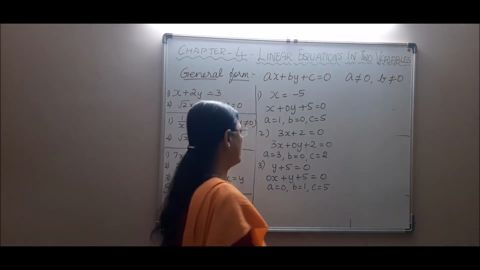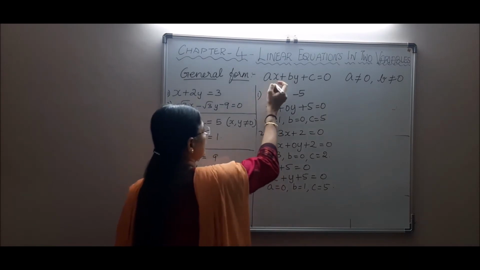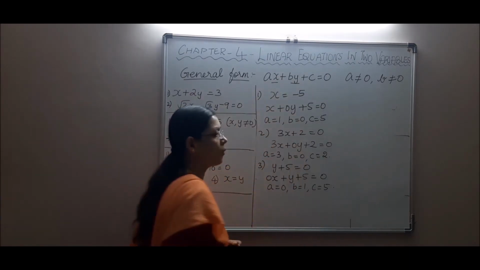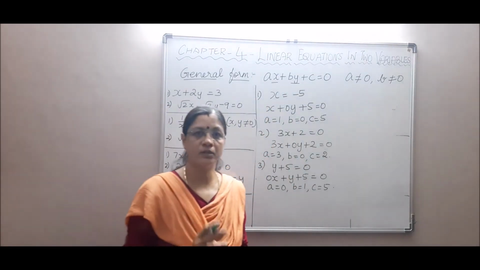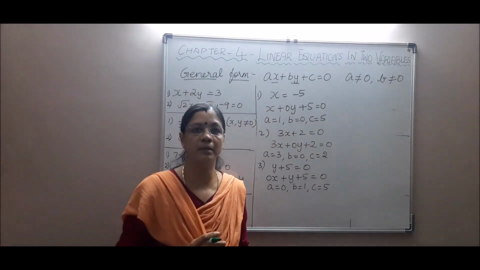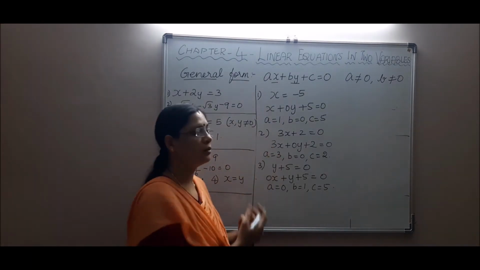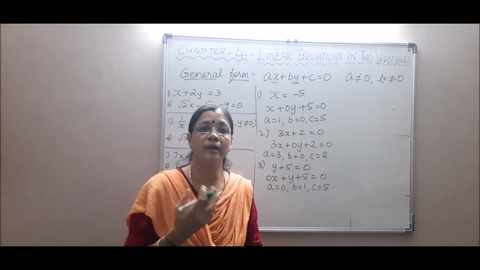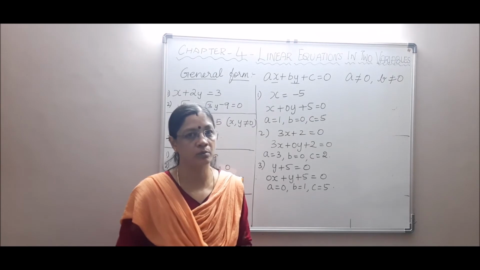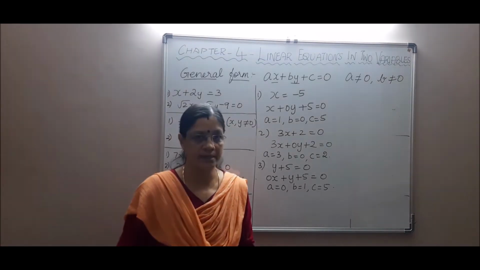So we have two variables here, x and y, isn't it? What do these variables mean? They mean that they are some unknown values and we can assign as many values as possible for these x and y, isn't it?